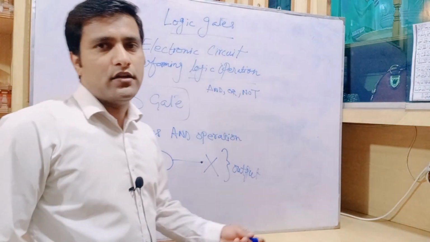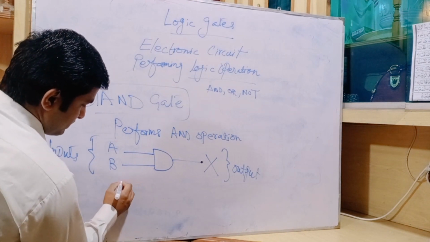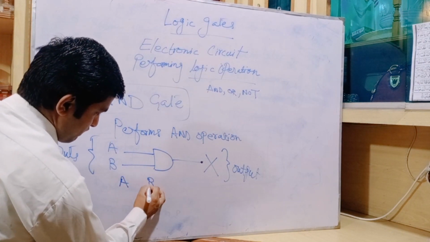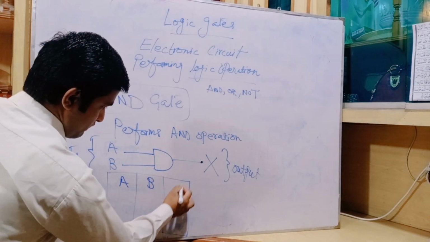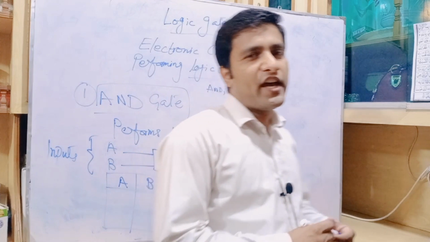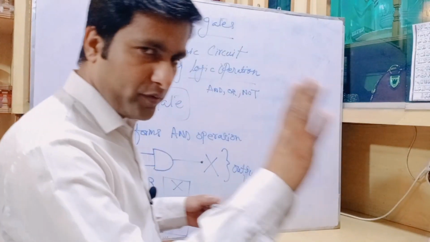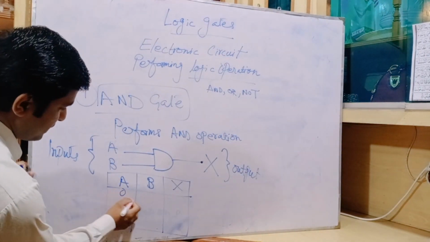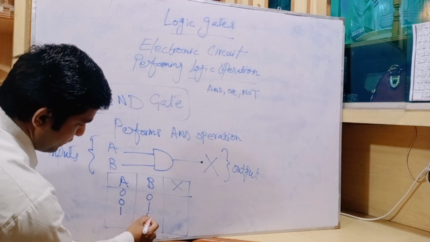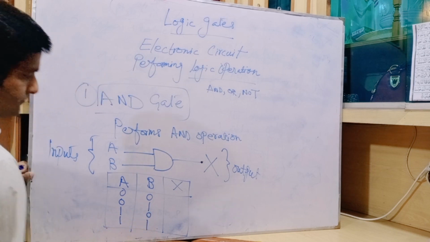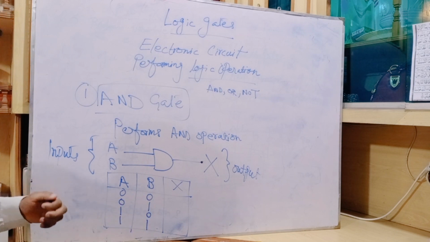How does it work? Let's discuss it. So there are four possible inputs: 0 0, 0 1, 1 0, 1 1.